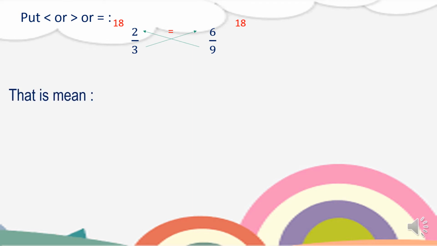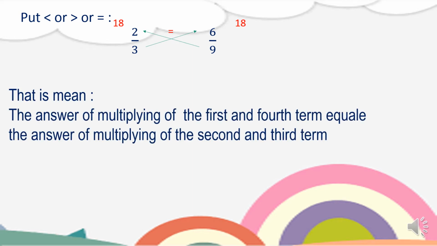That means the product of multiplying the first and the fourth term equals the product of multiplying the second and the third term.